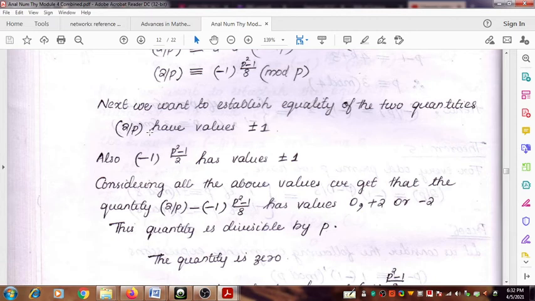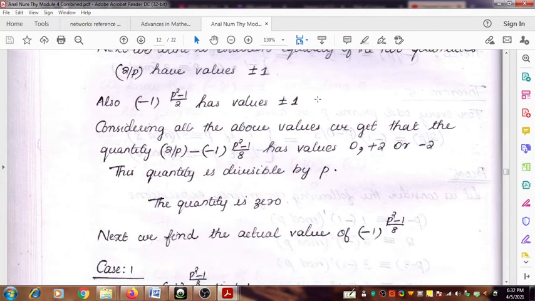Since the steps are very similar to those previously discussed, we will avoid repeating them. Here we get the values 0, plus 2 and minus 2.